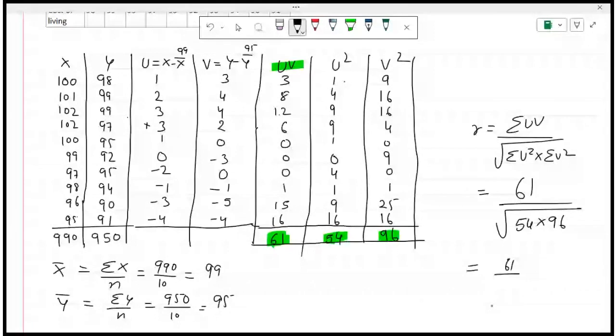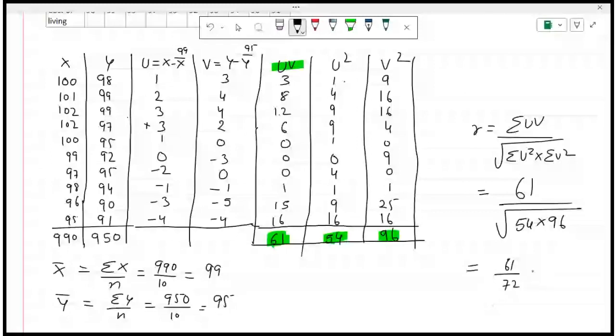Anybody done? So under root of 54 into 96. I think Ankit, you applied the second method in this case. No, sir.